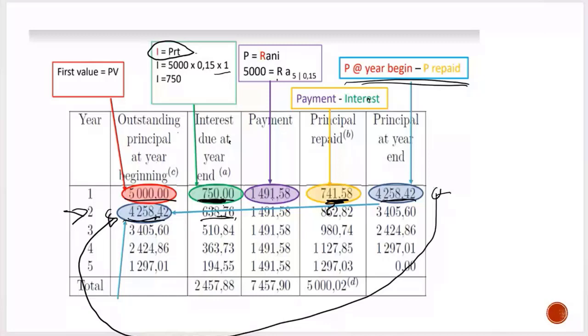Okay, so your principal at the end of the year is going to be the principal at the beginning minus this amount. Here are the formulas, guys. The formulas are there for you to do your schedule.